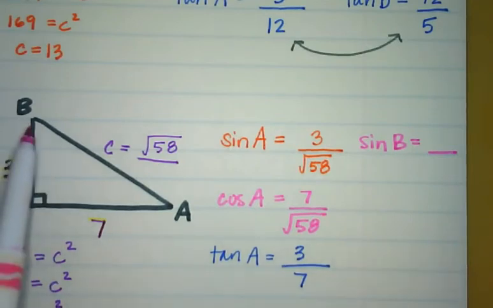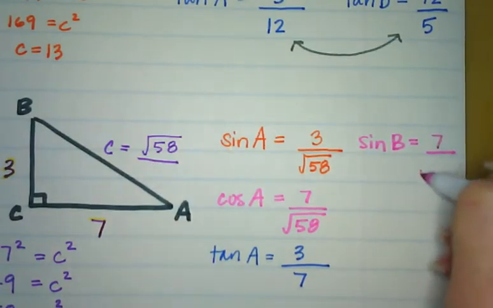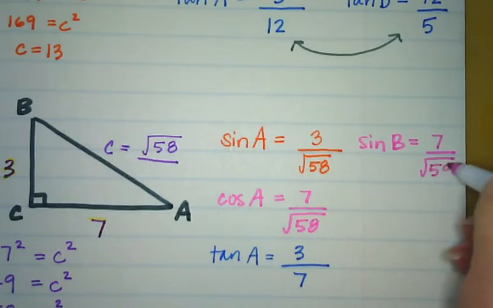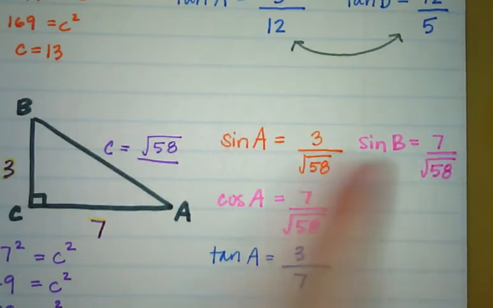So from angle B, the opposite is 7, the hypotenuse is the square root of 58. So that would give us 7 over the square root of 58, and then we would go to the calculator, type it in, and the calculator will tell us the size of angle B.